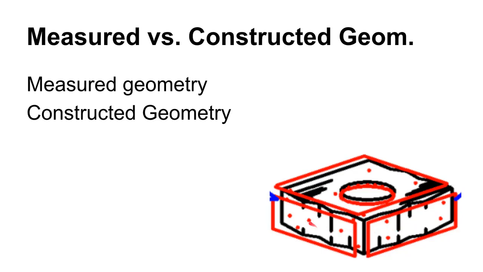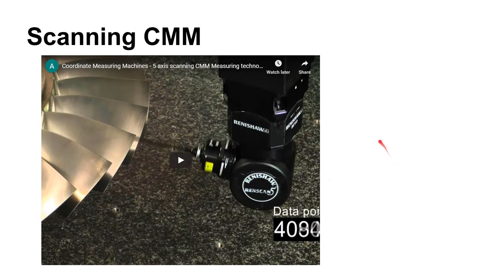But what we could do is say, I'd like to create a line, please, where these two planes intersect each other, and it would construct a line element based on where these two planes that were measured existed. And so that would be constructed geometry. You could find where these planes intersected in this direction and construct an axis or a line there. So that's the difference when you see it's asking about measured geometry or constructed geometry.